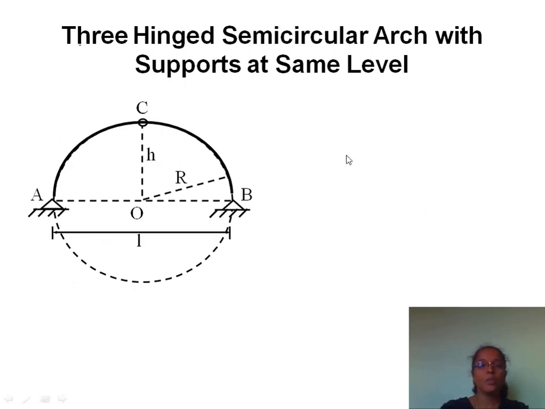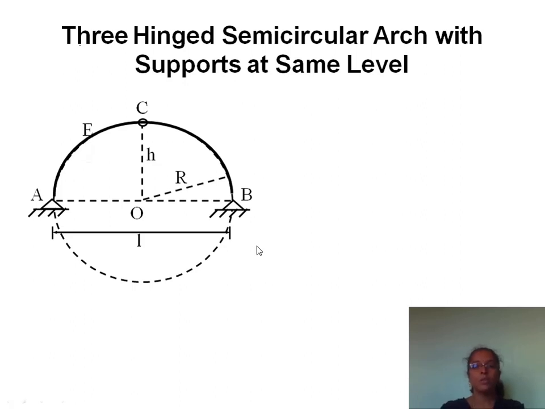Okay. So if you can observe here, the radius is equal to the rise of the arch as well as the diameter of the circle is equal to the span of the arch.